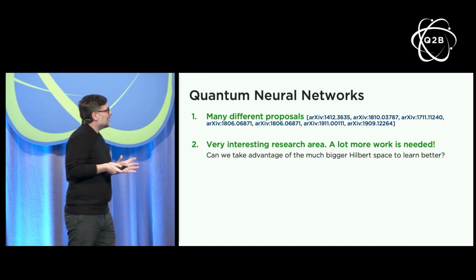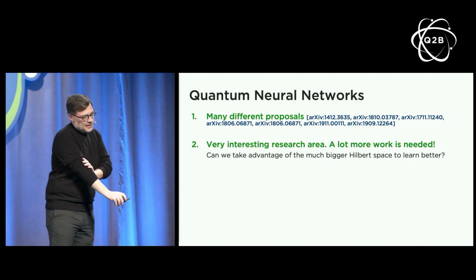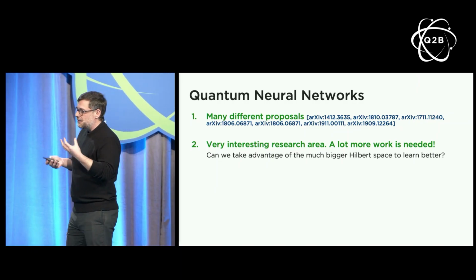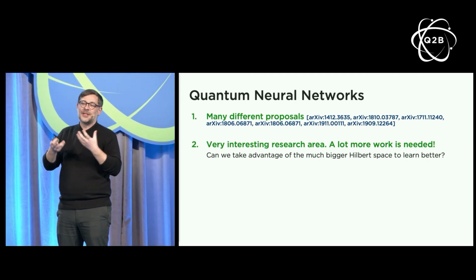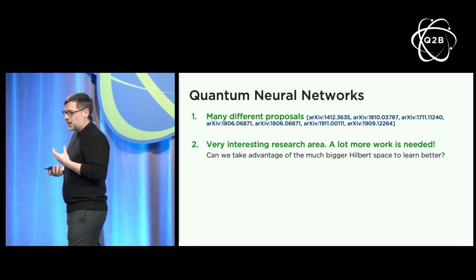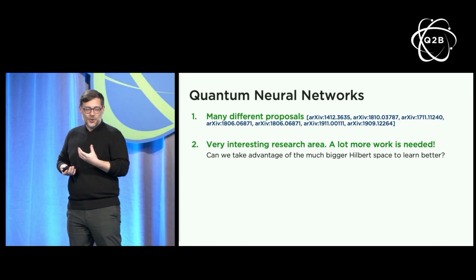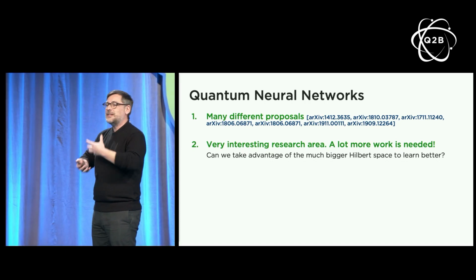As I said, it's a very interesting research area, but there is a lot more work that needs to be done. The hope here is that, given that these quantum states live in a much, much higher space, what we call the exponential Hilbert space, when you train these quantum neural networks instead of classical neural networks, you can take advantage of the fact that you are in a much bigger space.